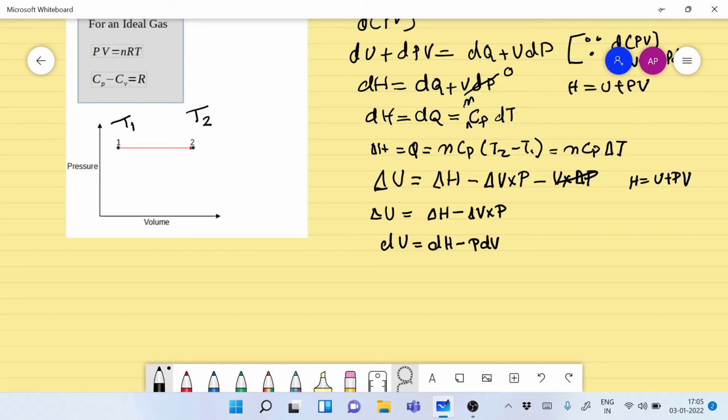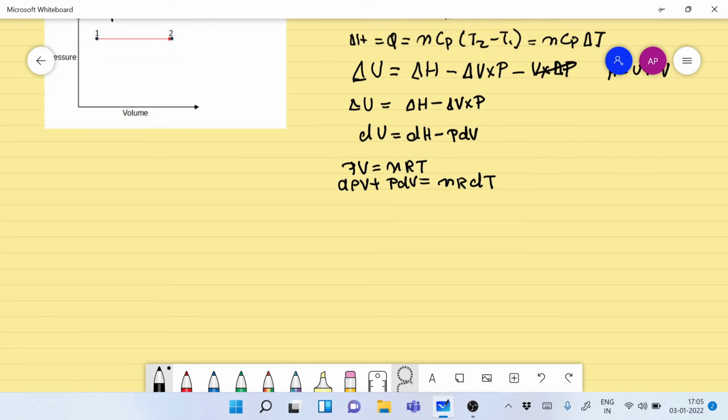Now, for an ideal gas, PV is equal to nRT, which on differentiating yields P dV plus V dP is equal to nR dT. Now, when we replace this equation in this equation, we get dU is equal to dH minus nR dT.